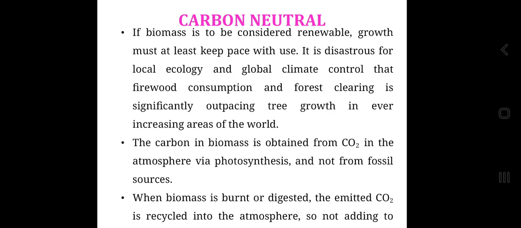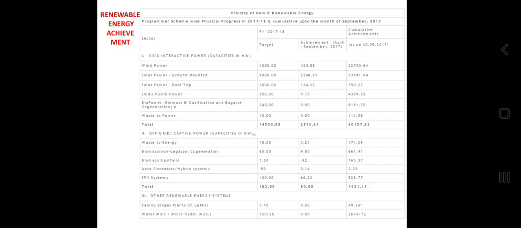The carbon in biomass is obtained from CO2 in the atmosphere via photosynthesis and not from fossil sources. When biomass is burnt and digested, the emitted CO2 is recycled into the atmosphere, so not adding to pollution. So we call that carbon neutral.